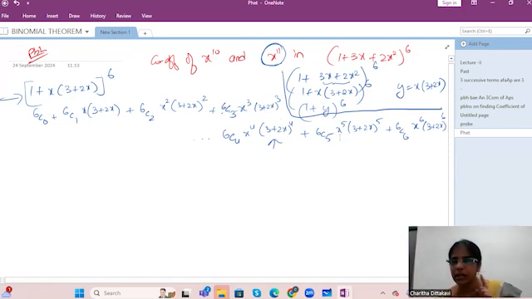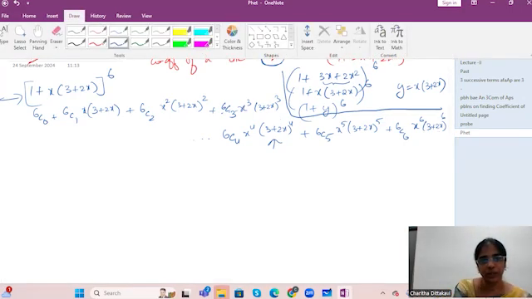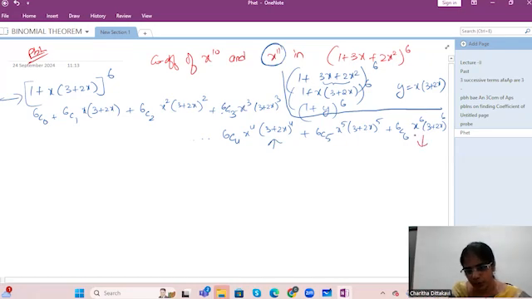Now when I consider the last but one term, x to the power 5, and here from this expansion, the highest power is x to the power 5. x power 5 into x power 5 is x power 10. But I need x power 11. So how can I get x power 11 from the other one, isn't it? So only from this term am I going to derive my x to the power 11. Observe, x power 6 is already there. Now, what do I need?